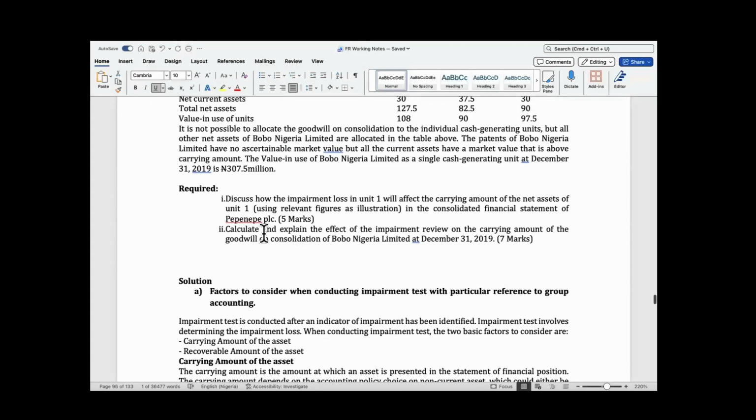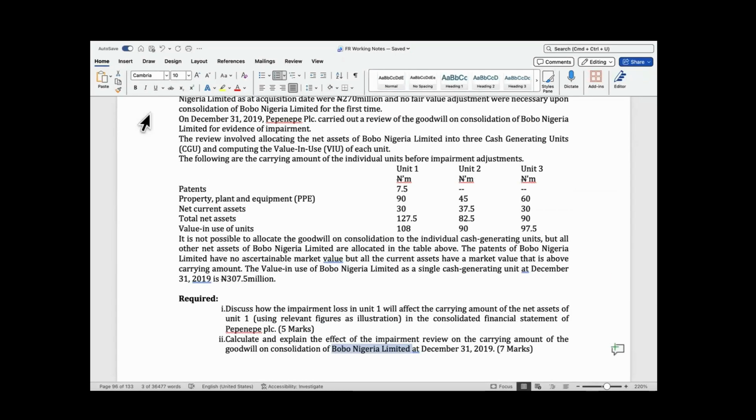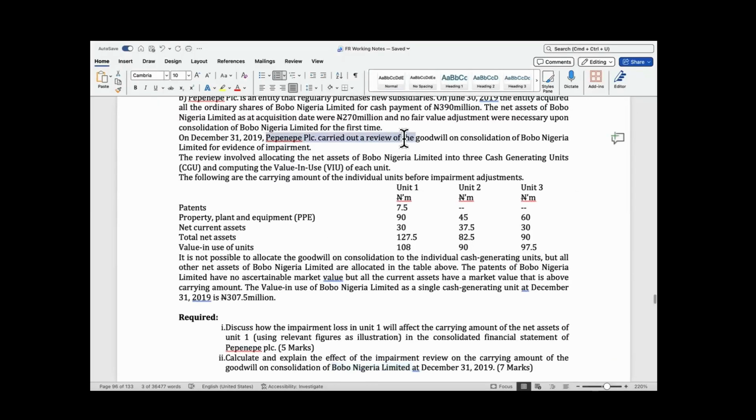Now for CGU2, we're asked to calculate and explain the effects of the impairment review on the carrying amount of the goodwill on the consolidation of Bobo. The company said it wanted to review its goodwill for possibility of impairment.